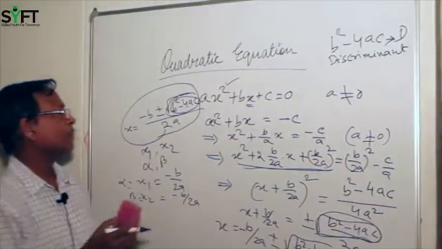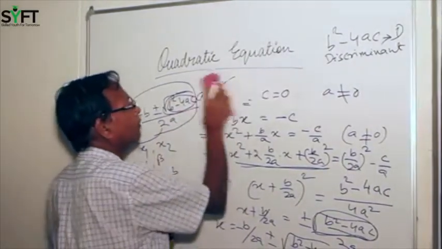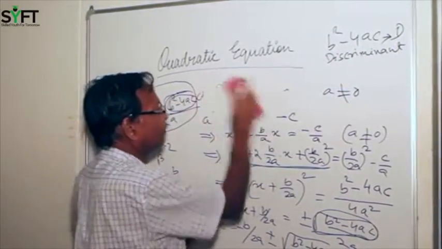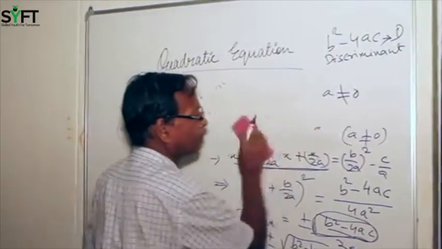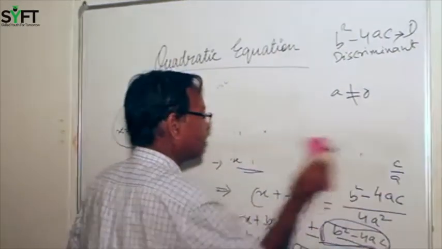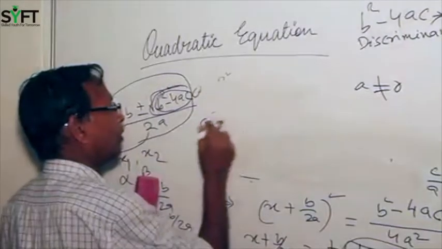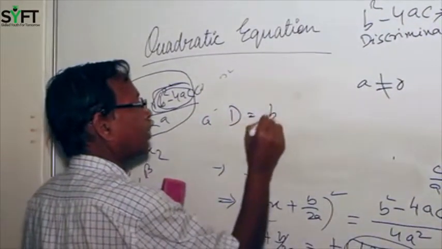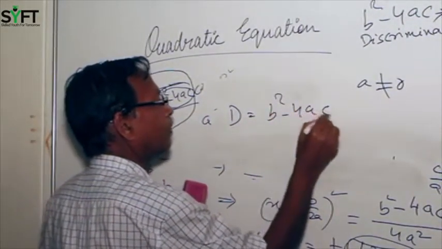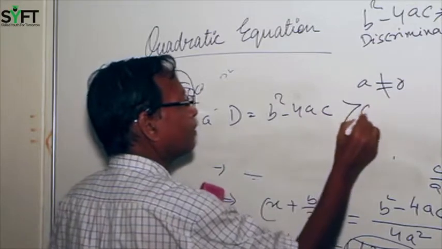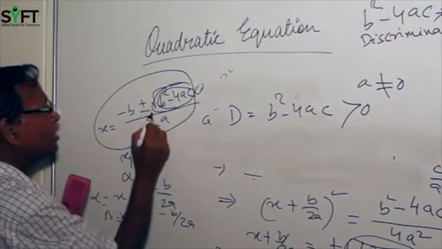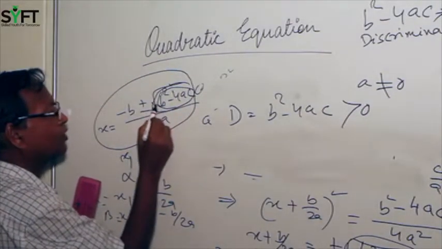And when discriminant is greater than 0, what will happen? If b square minus 4ac is greater than 0, that means under this root this is greater than 0.